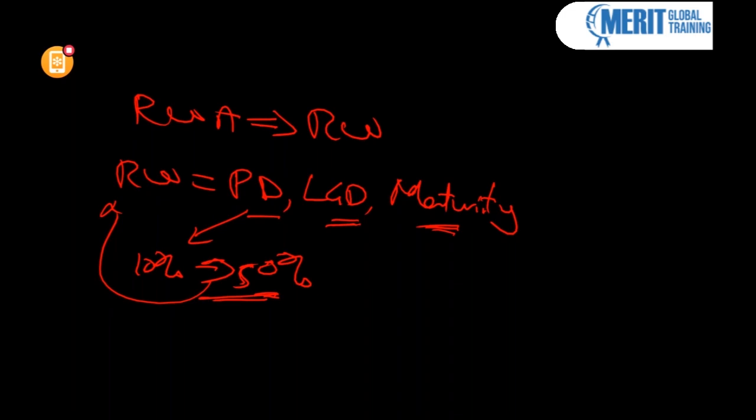So that's why you see that banks don't joke with the RWA calculation. This Basel requirement is not just for regulatory reporting purposes. It's very important for banks to understand how these parameters are actually used for management information and management decision making.